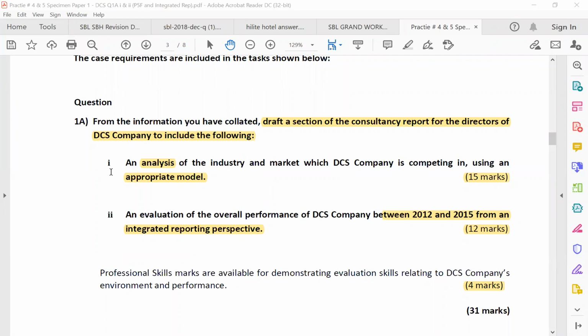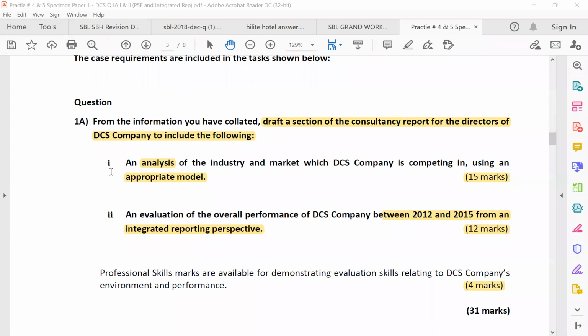My request is that you make sure that you solve it on the ACCA's given platform so that your answers can be corrected in the same way.